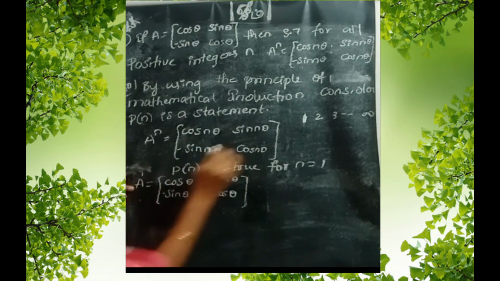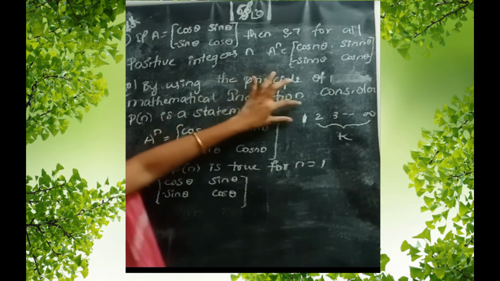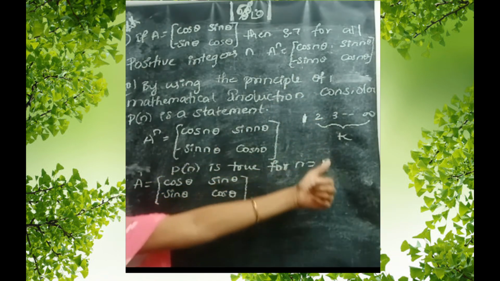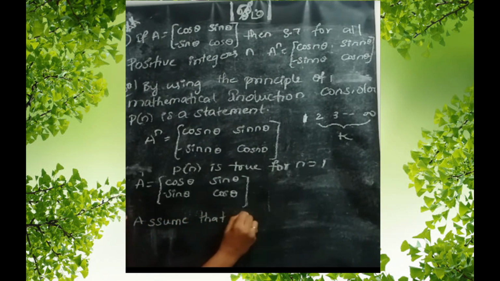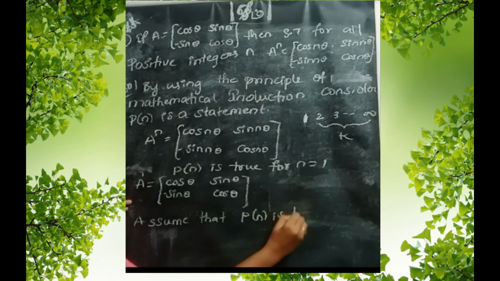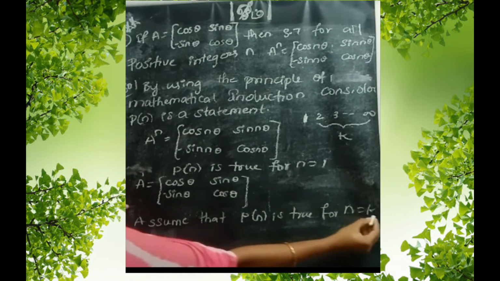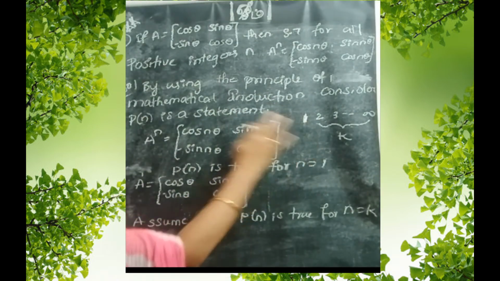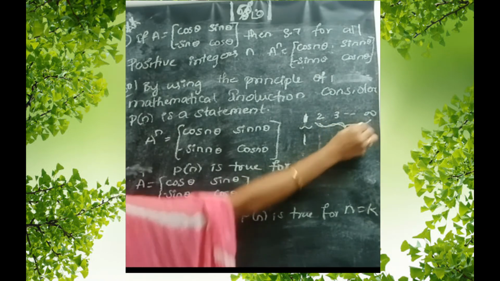Now take all the rest as k. That means except 1, all the remaining terms are represented by k. Now assume that P of n is true for n equals k. Here k is 2, 3, 4, 5 and so on, not 1. Okay, don't confuse it. This is 1 and the remaining terms are k.